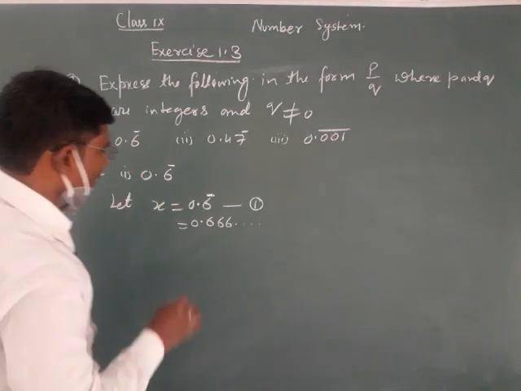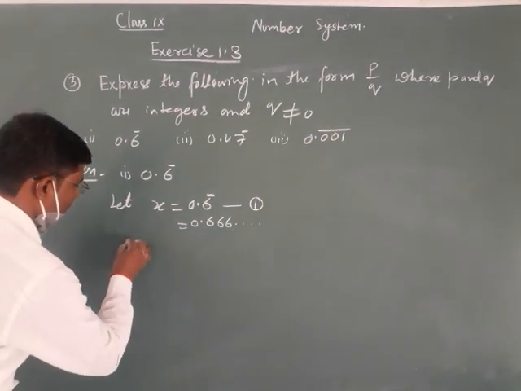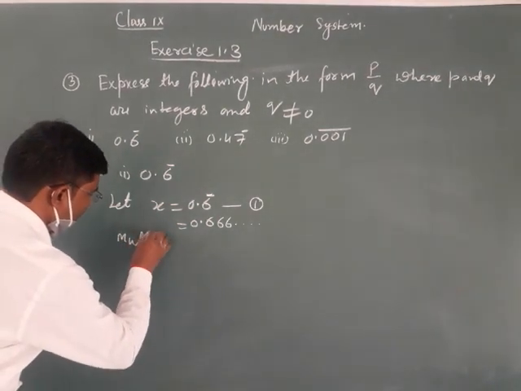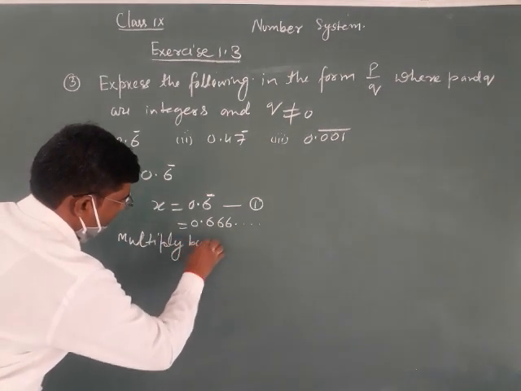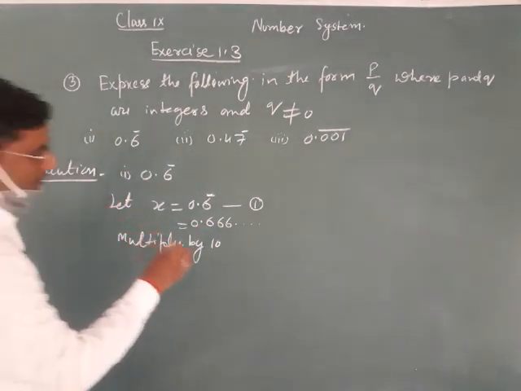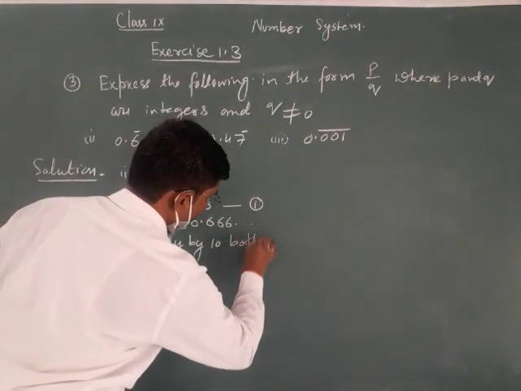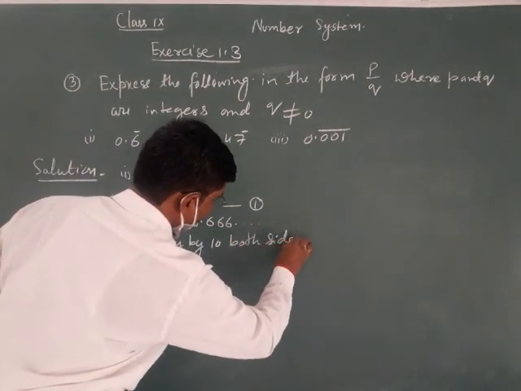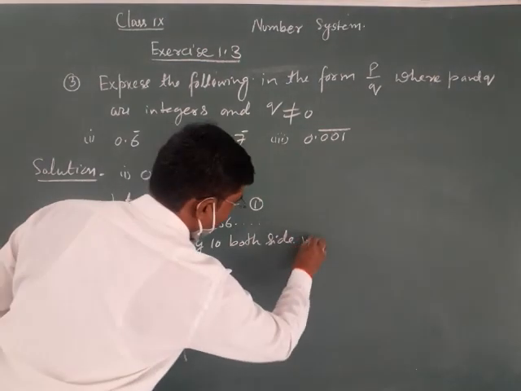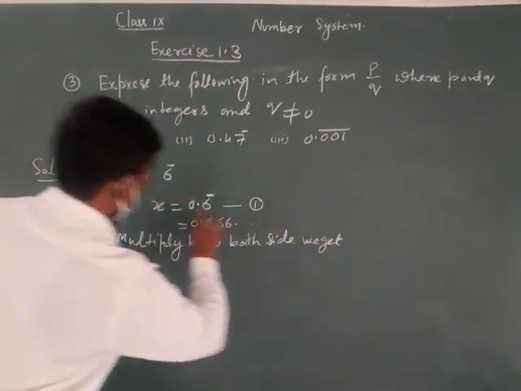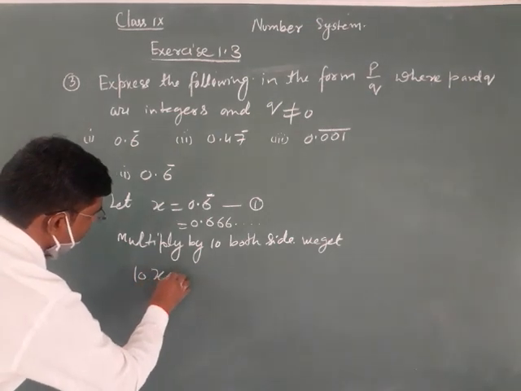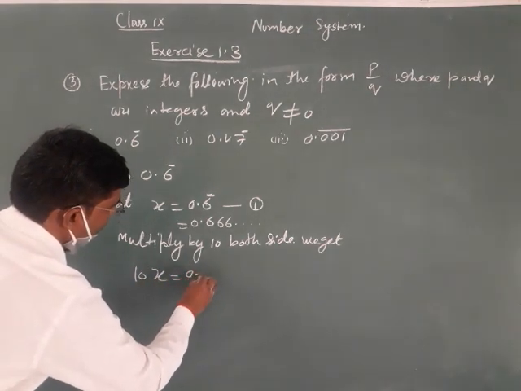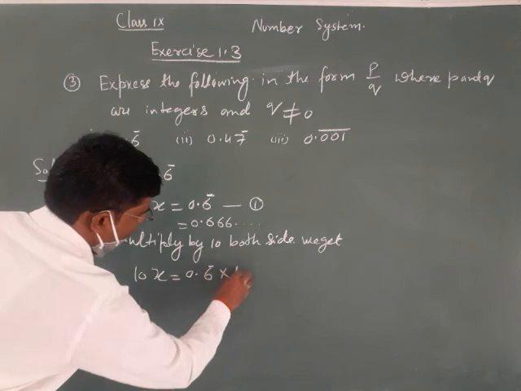So now multiply by 10 on both sides, we get 10x is equal to 0.6 bar into 10.